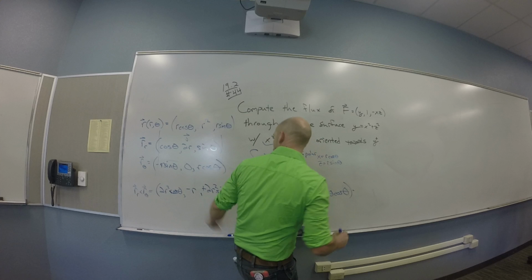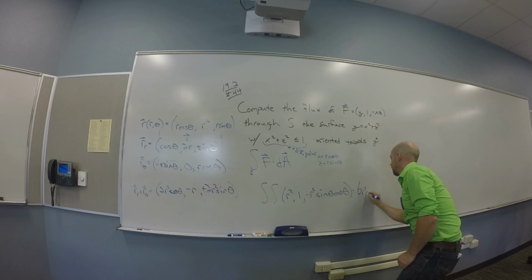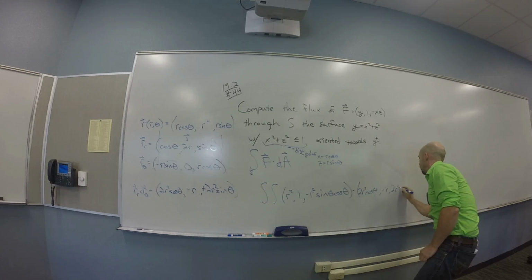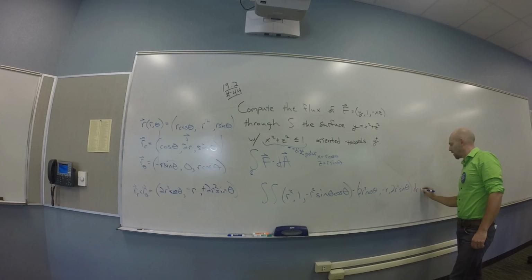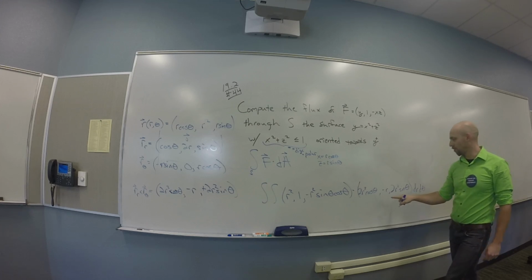And then you're dot producting that with all this stuff: 2r² cos theta, comma minus r, comma 2r² sine theta. And you should be integrating dr d theta, right? Is it r dr d theta, or do we have the conversion factor? No, I do not need the conversion factor because that's accounted for in my cross product.